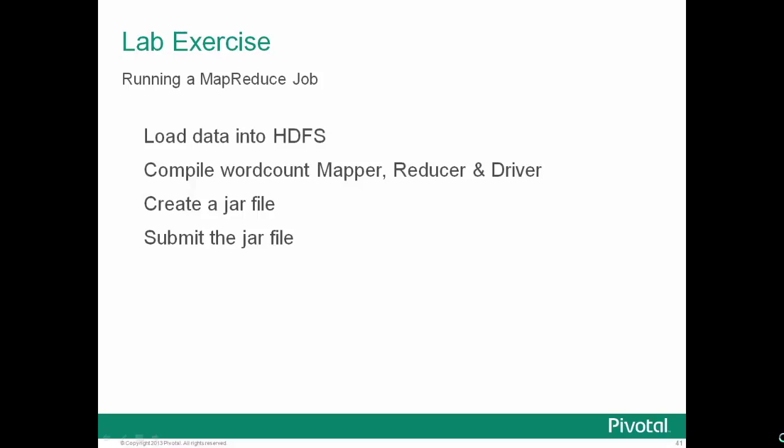However, you need to compile the Java code, create the jar file, and then submit the jar file to the cluster. Once completed, you need to then go take a look at the results and ensure that the word count job actually did aggregate the number of words and how many times each word showed up in the input text.